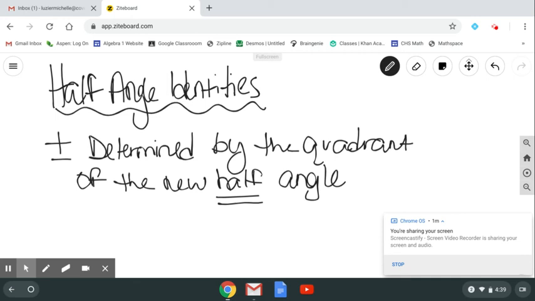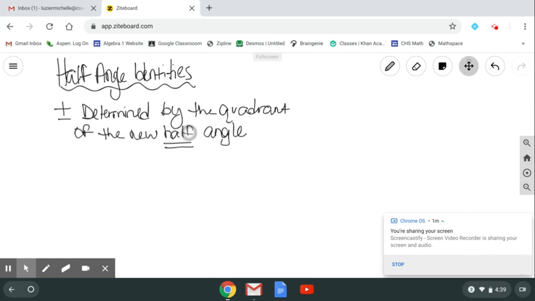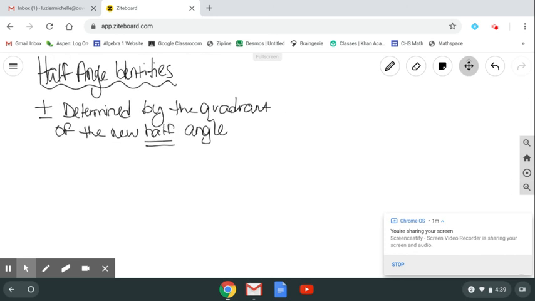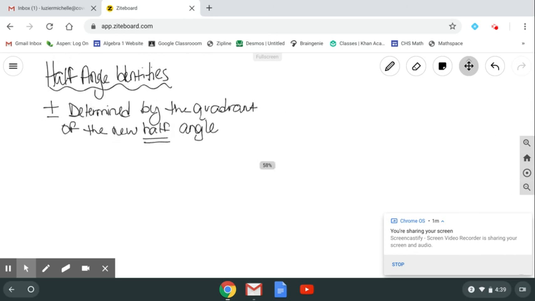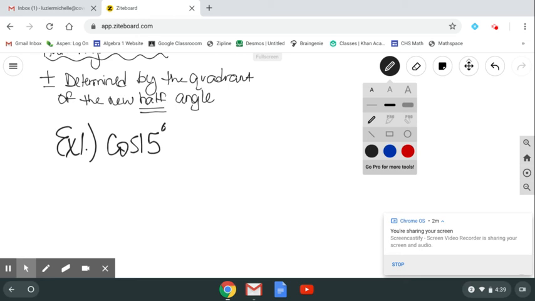Okay, so we're going to be finding exact values using half angle identities. You need to have that out in your formula sheets as we go through these notes together. So here we go. Example 1. What is the cosine of 15 degrees using half angle identities? There's only one half angle identity for cosine, and I'll write it off to the side here.